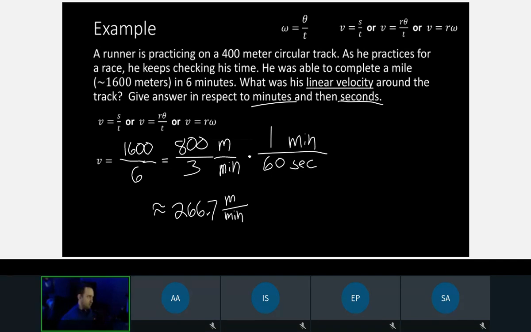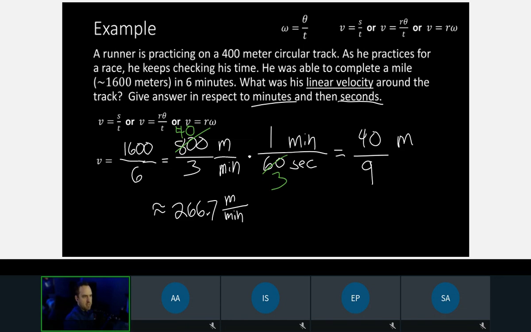Right, so I'm just going to reduce 800 over 60, and I think it was 40 over 3 is what I did in my head, so hopefully it's right. Then 40 times 1 is 40, over 3 times 3 is 9. That's 40 over 9.